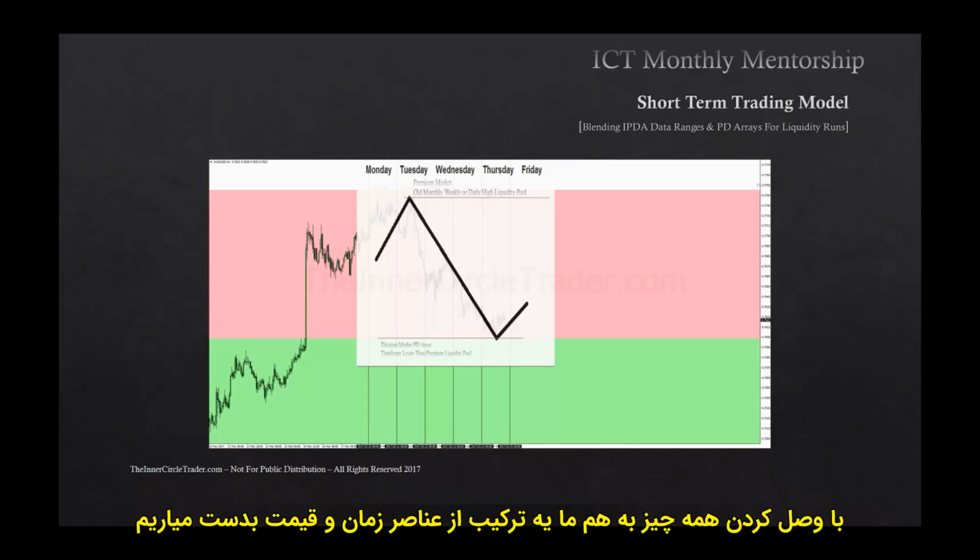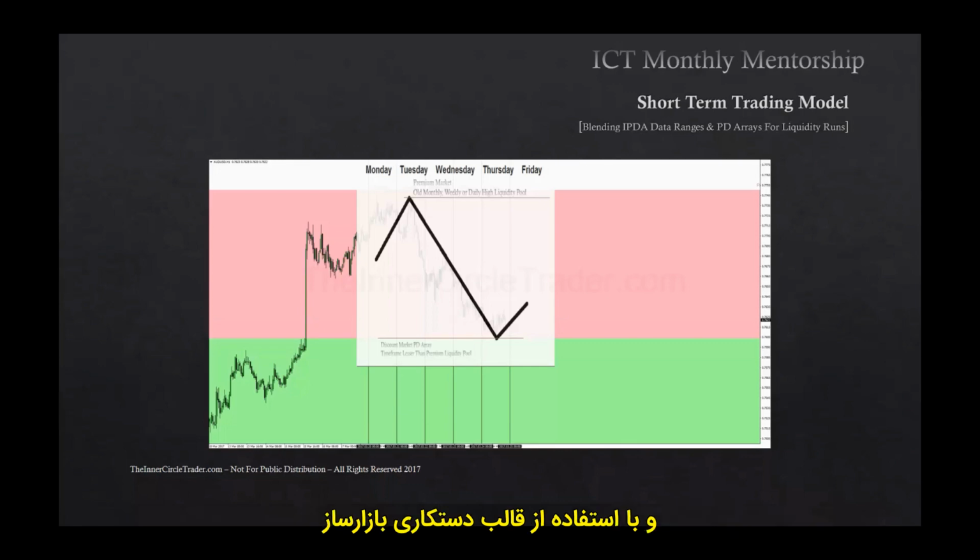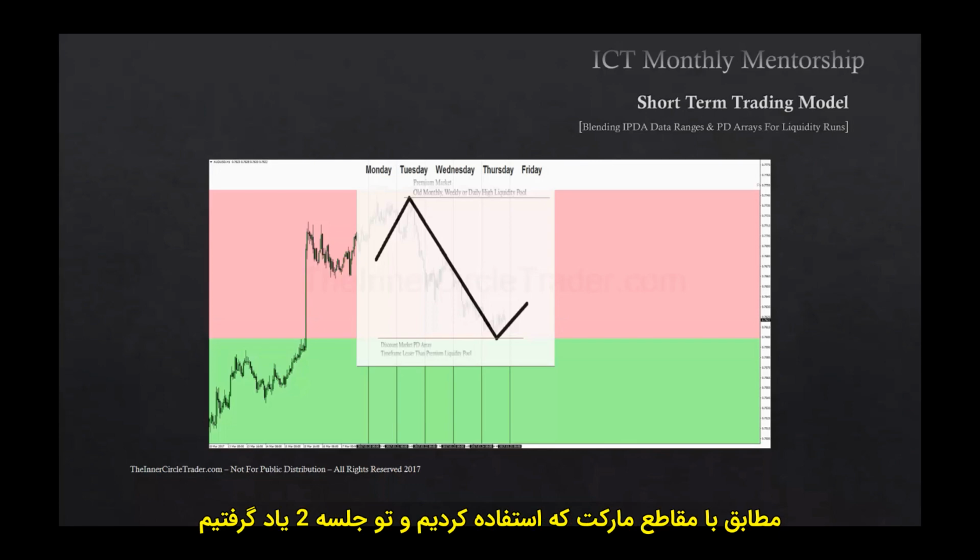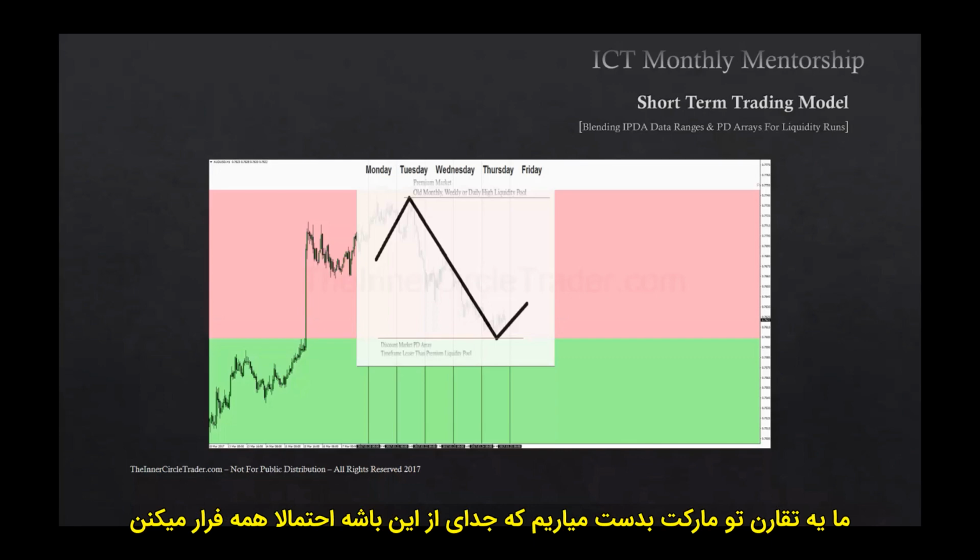Everything tied together, we get a combination of elements of time and price blending and using the market maker manipulation templates in accordance to our market profiles that we used and learned in lesson 2. We get a symmetry in the marketplace that would otherwise probably escape everyone else.